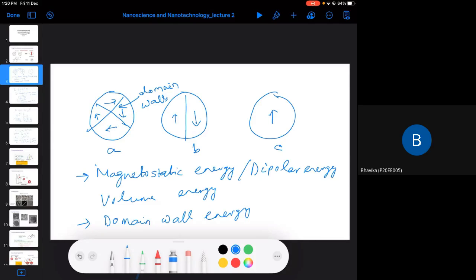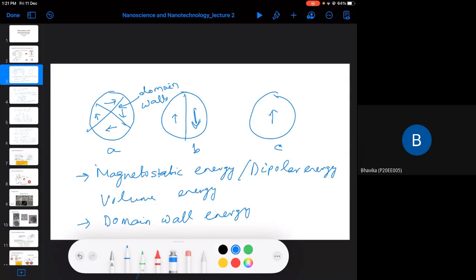The magnetostatic energy will be different now. We have two different domains: one domain pointing up and another pointing down.